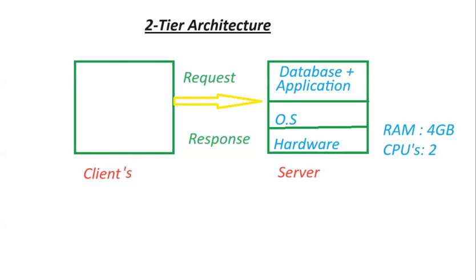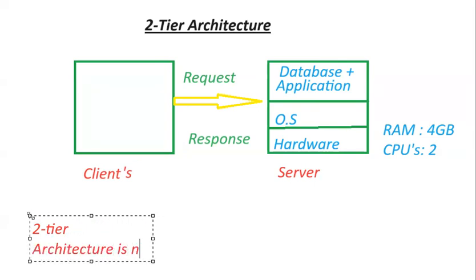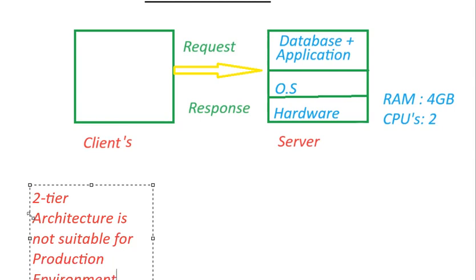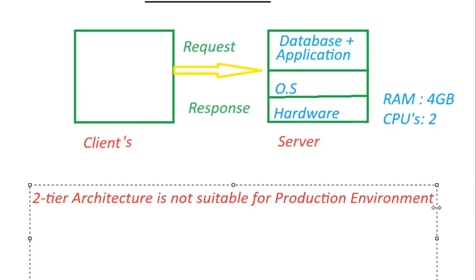Since it is unable to process multiple clients' requests, this two-tier architecture is not suitable for production environment.